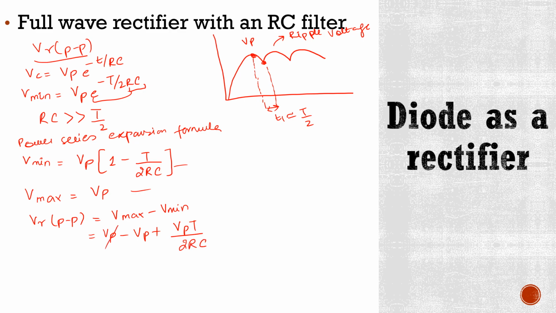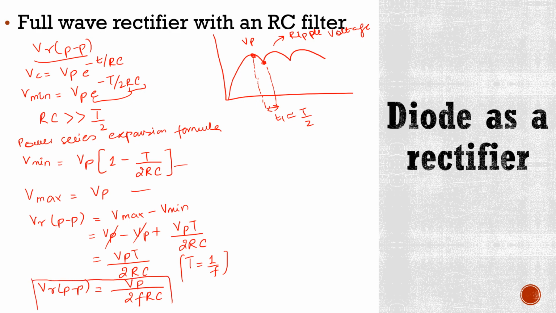This Vp is going to cancel this Vp, so we get VpT divided by 2RC. Again, we know that time period is inverse of frequency, so this peak to peak ripple voltage will be Vp divided by 2FRC. So this is the expression of peak to peak ripple voltage for a full wave rectifier.